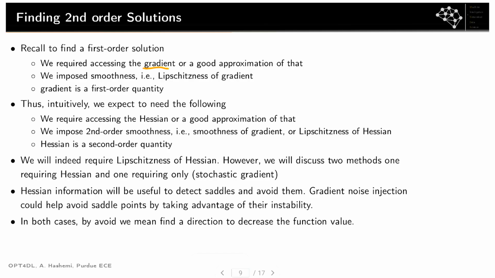And as I mentioned, avoiding or escaping saddle points basically means that we want to find a direction at or near a saddle point to decrease the function value. That means we are literally escaping the saddle points and finding our way towards a local solution.